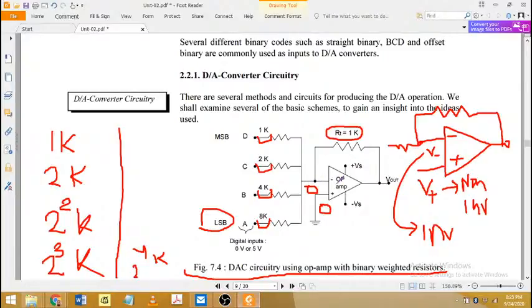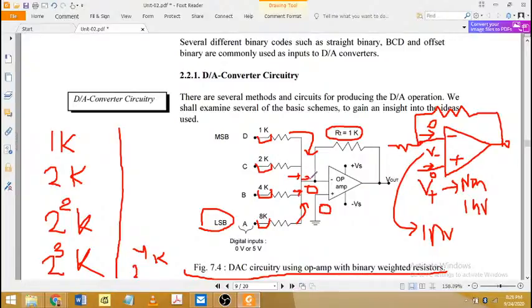Another important thing regarding the op amp is that the current going inside the op amp is 0. We consider that the op amp has infinite input impedance, so no current will go inside the op amp. So what we will have here is one current coming from here, another from here, a third from here, and a fourth from here. All the currents will add together and go here.